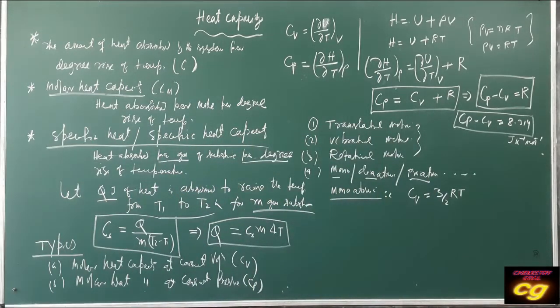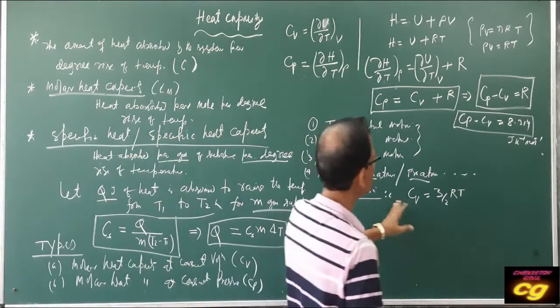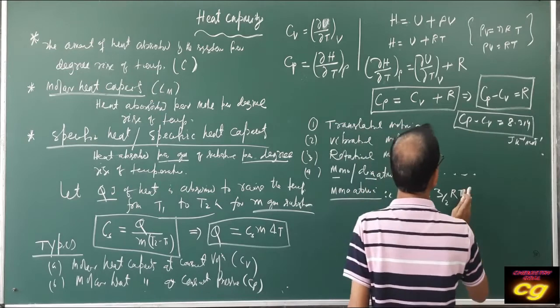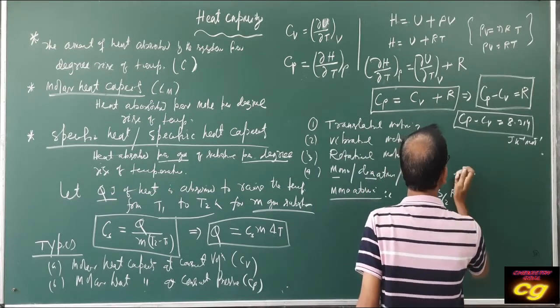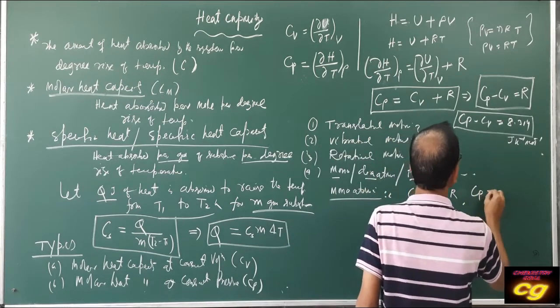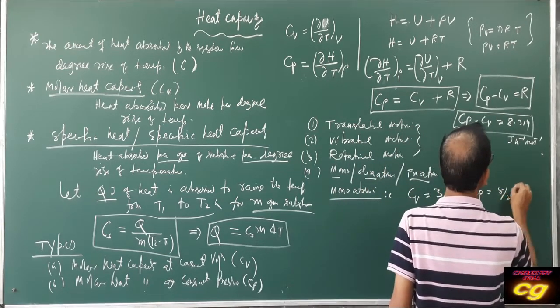If we differentiate with respect to temperature, the result will be 3 by 2 R. And Cp is equal to 5 by 2 R.